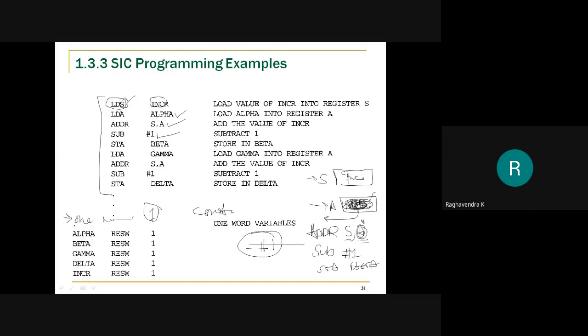Got it? You may say that we have got an extra instruction here when compared to the last case, but remember that the addition being performed here is a register to register addition, and register to register operations are much faster when compared with memory to memory operations. So this is the advantage. One more advantage is that I have loaded the value of increment in the S register, which is also going to be used in my second equation.